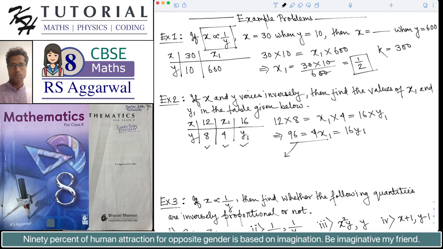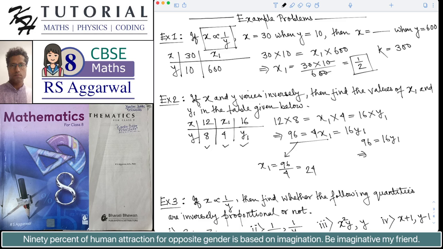From this we can easily find x1 to be equal to 96 by 4, which is equal to 24. So x1 is 24. Also we have that 96 is equal to 16y1.